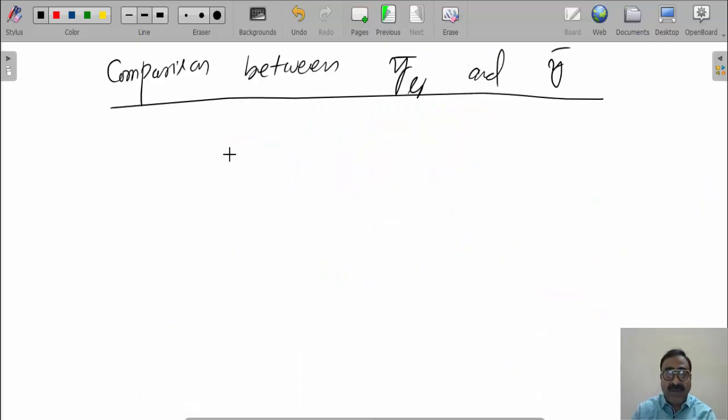Now we shall compare the regression estimator with other estimators, first the simple mean estimator. The regression estimator YLR bar is more efficient than the simple mean estimator y bar if variance of y bar minus variance of YLR bar is greater than 0.